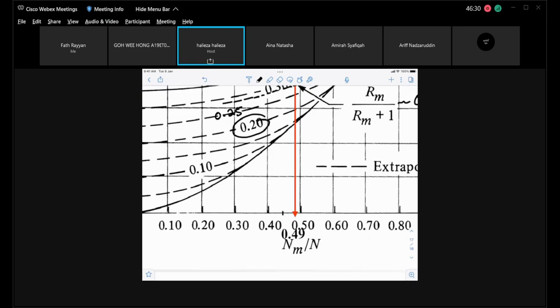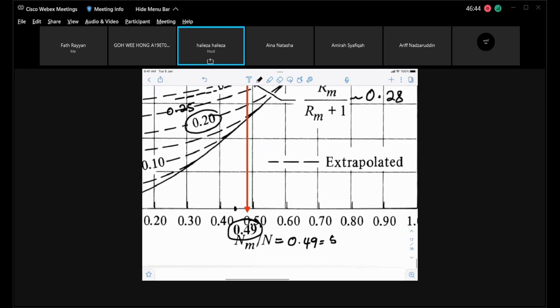This is about 0.45, so it's somewhere close to 0.5. I'll give it a value of 0.49. My N min earlier we managed to get 5.404. That's my value for my minimum number of stages.